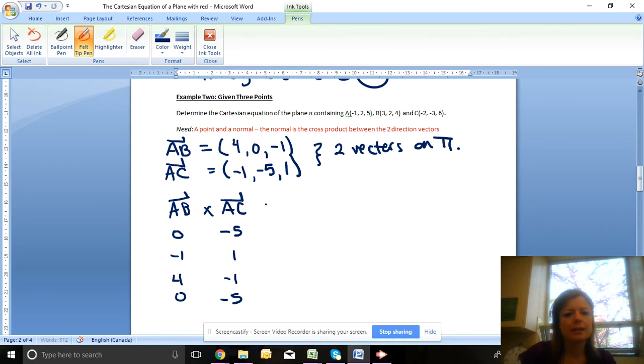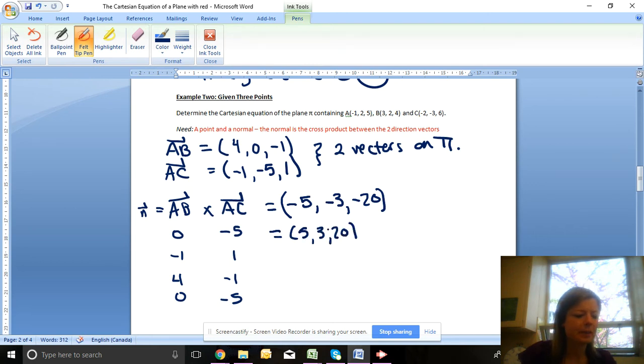So in this case, when you do the cross product, you get -5 for x, -3 for y, and -20 for z. Now, because this is the normal, actually I should have written normal equals this, we can scale it to (5, 3, 20), since the normals can be collinear. All right. So that's what A, B, and C now are in the equation.